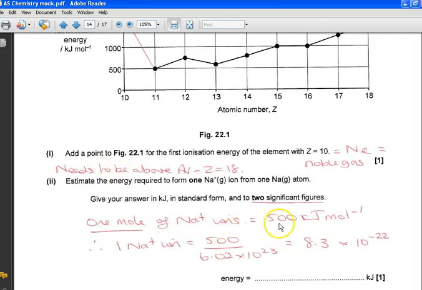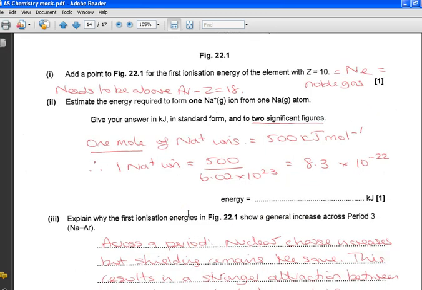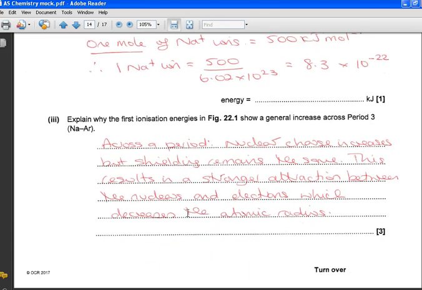So 1 mole of Na plus ion is 500 kilojoules per mole, yeah? Therefore, if it's 1 sodium ion, you're going to have to divide it by Avogadro's constant, because, obviously, in 1 mole, that's how many sodium atoms or sodium ions there are, okay?